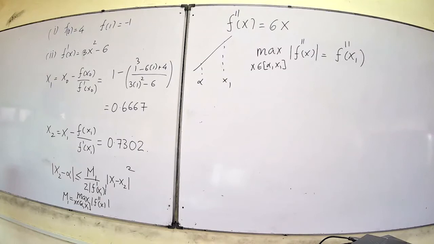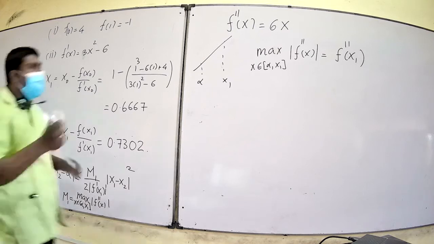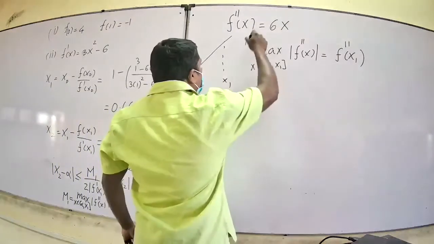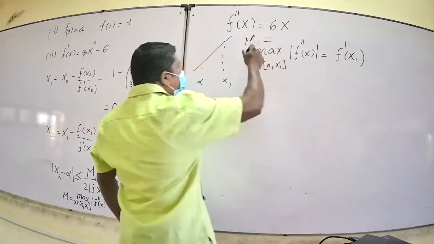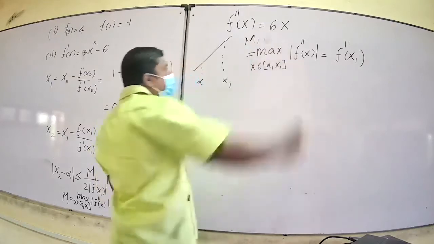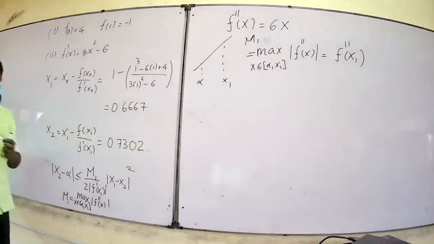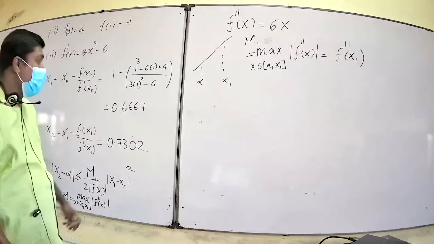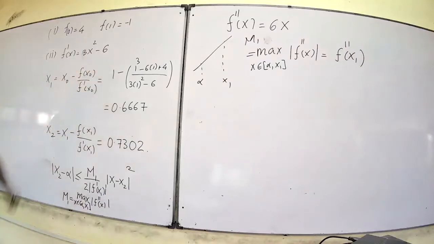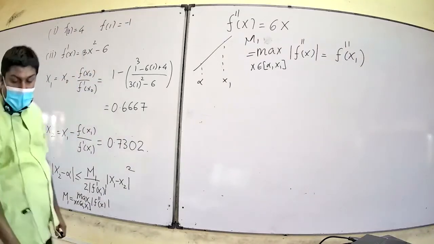So the maximum of that line between alpha and x1 is at x1. That is your m1, right? So m1 is equal to this, equal to that. Right? So you can find this. f double prime you know, x1 you know. So you can substitute it and get the value.